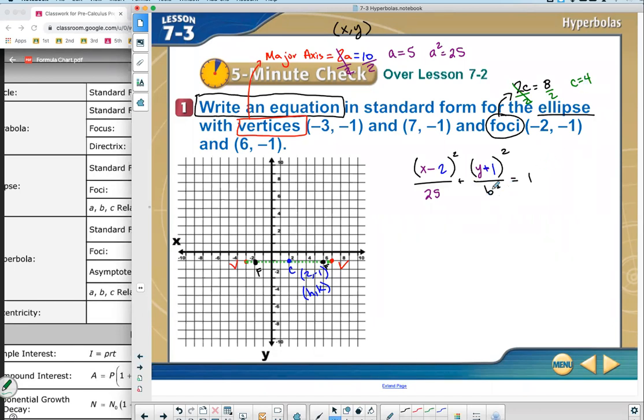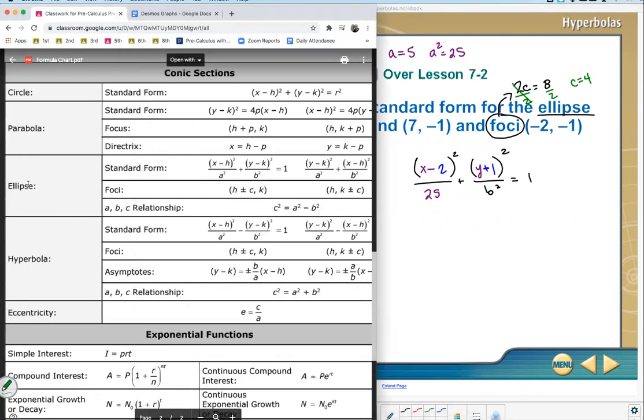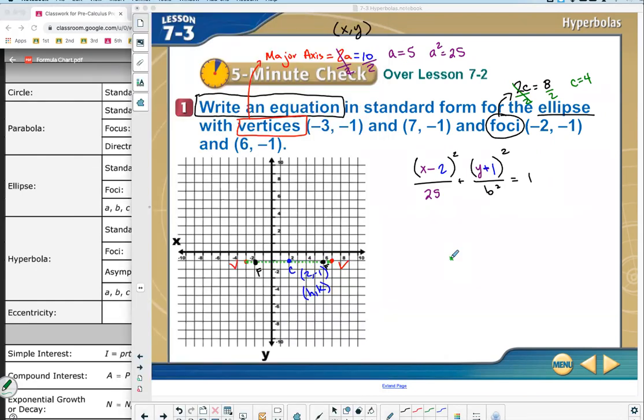And I know the problem does not ask for C, but on an ellipse, there is a relationship between the A, B, and C, and it follows this, that C squared equals A squared minus B squared. So we can say C squared equals A squared minus B squared, where we know C is 4, which implies that C squared is 16. So 16 will equal, and we know A squared is 25, 25 minus our B squared.